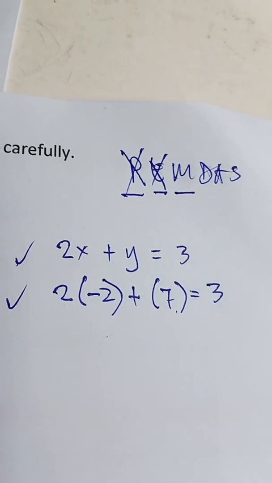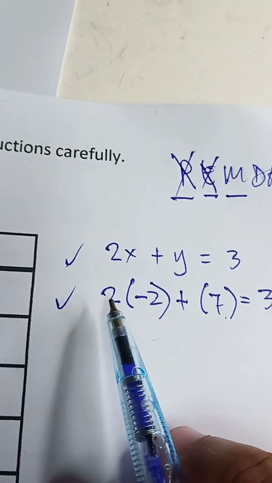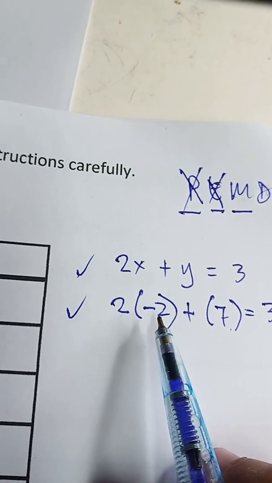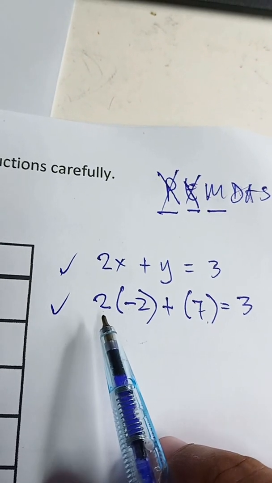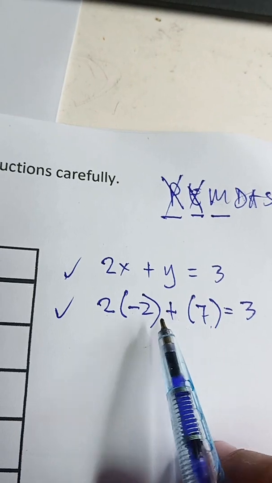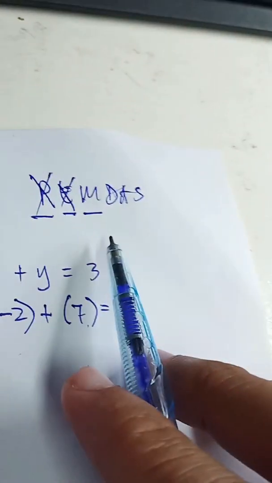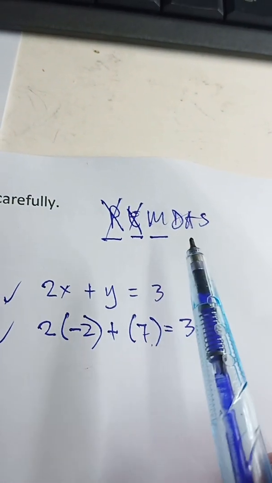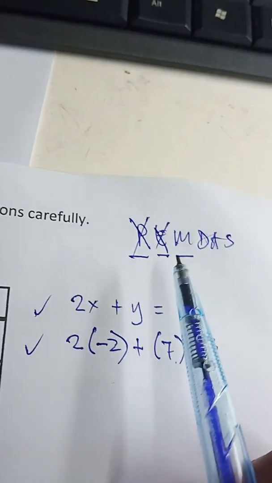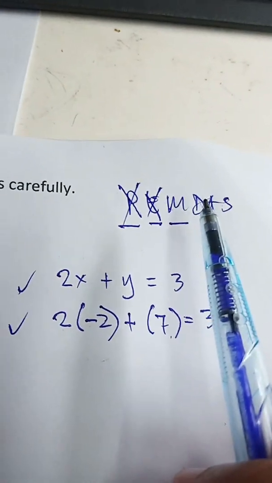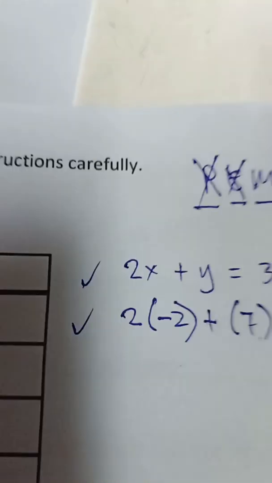So, multiplication tayo, class. So, as you can see here, meron tayong multiplication. 2 times negative 2. So, that is now the time to proceed to multiplication. Huwag tayo basta mag-a-add, ano? Halimbawa, negative 2 plus 7. Hindi. Yung gagamitin natin ay yung PEMDAS or the rule of operation.